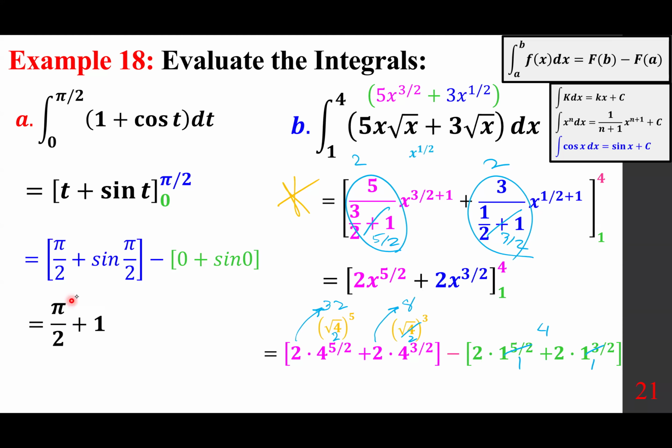Meaning, this is 2 times 32, 64, plus 2 times 8, 16, minus 4. 64 minus 4 is 60, and 16 is 76. And that's the final answer, everybody.